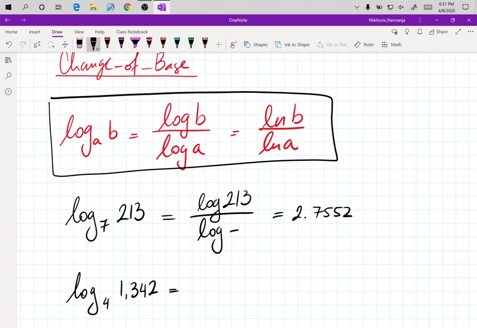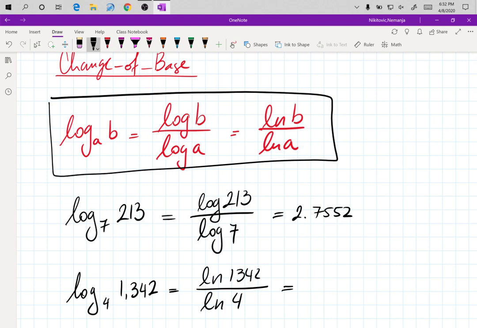Okay, I'm going to use ln this time around, right? It's okay to use ln. So ln of 1342 divided by ln of 4. We have to get the same. Doesn't matter. You either push both LOGs or both ln's. You cannot mix them.